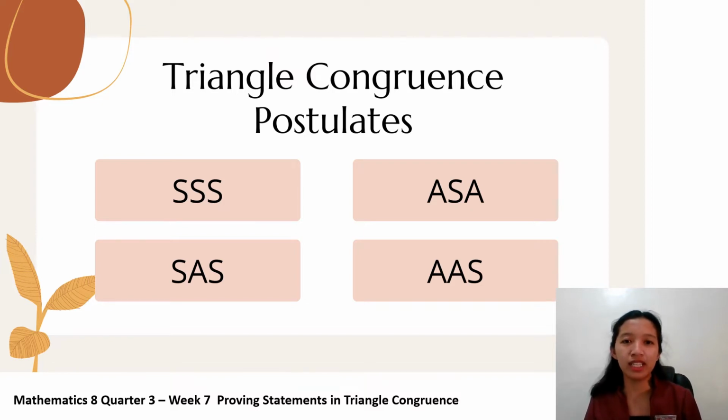Aside from what I presented, in the triangle congruence postulates, definitions, or theorems, there are still a lot that were not mentioned. We are going to recall them as we go along in our discussion. So are you ready? If you are ready, let's begin.